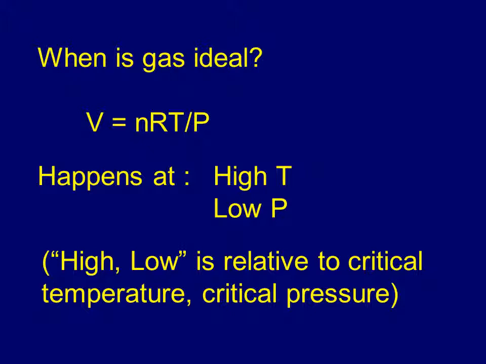So high temperature for steam would be much higher than high temperature for something like nitrogen, where the critical temperature for nitrogen is something like 126 degrees Kelvin, whereas for steam it's above room temperature. Critical temperature for steam is, oh gosh, 705 degrees Fahrenheit, pretty hot for steam. So what you call high temperature and high and low pressure depends on the gas, or the substance rather, that you're talking about.